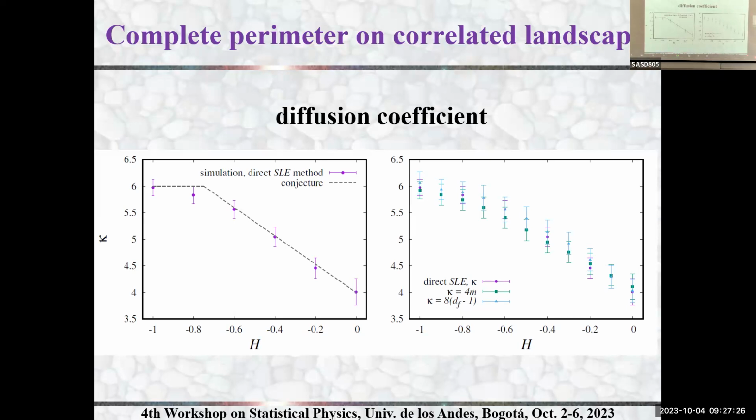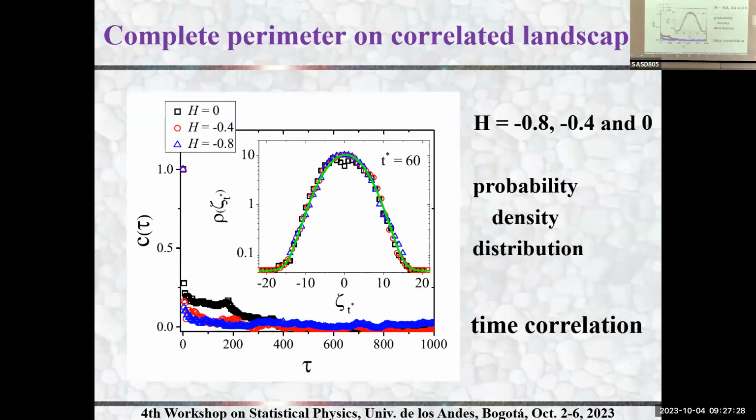And this is now the test of the Markov property. You see, this is the correlation function as a function of time for 3 different values of the Hurst exponent. And you see for all cases there is no correlation, and they follow a Gaussian. So also this property is fulfilled.